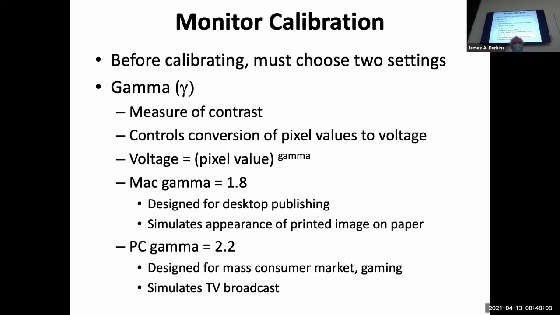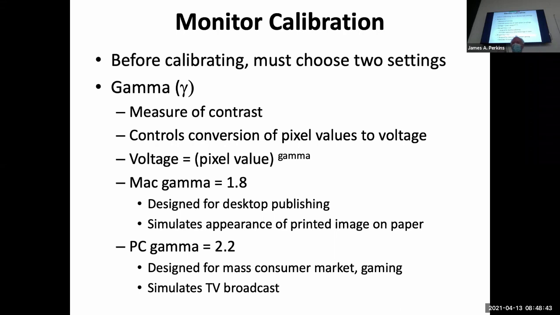So, to put it simply, a small value of gamma is going to give you smaller differences in pixel value, which in reality translates into lower contrast. So your differences in voltage are going to be smaller, and therefore the differences in light and dark and bright colors versus dull colors on screen are not going to be as pronounced because you've got a smaller gamma value.